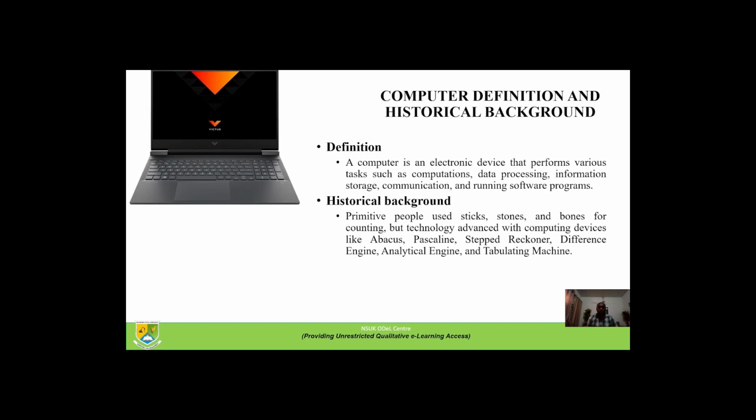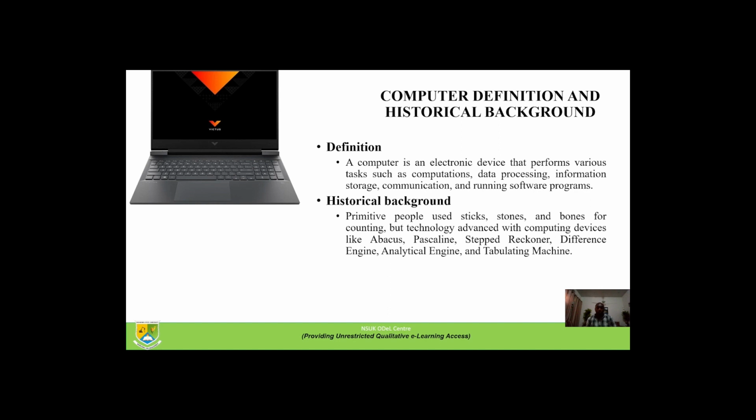Definition: formally, a computer has been defined as an electronic device that performs various tasks, which include computation, data processing, information storage, communication, and running software programs.